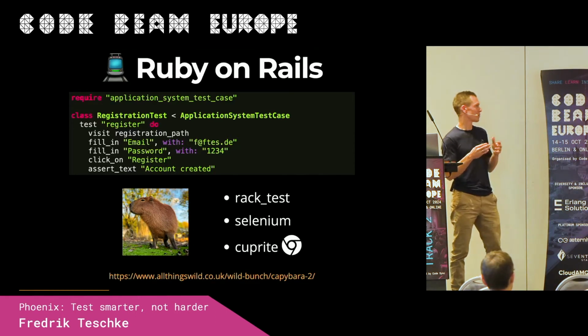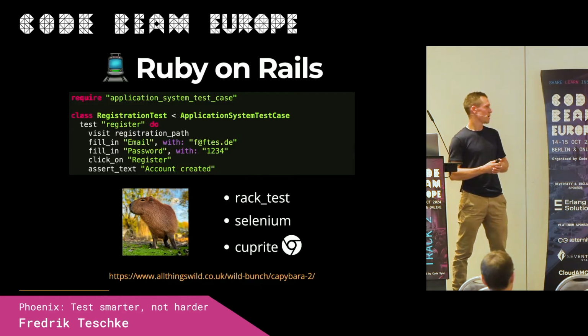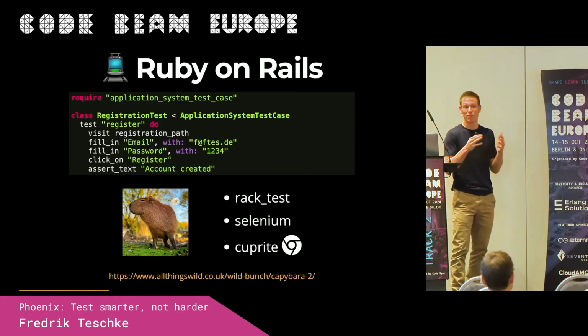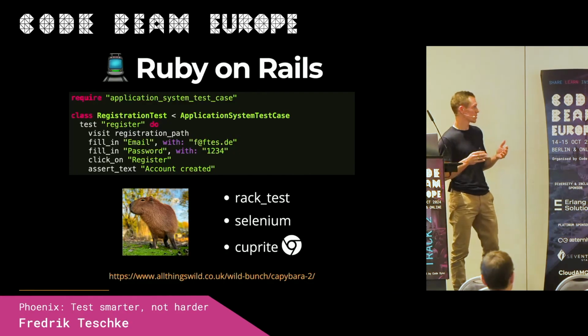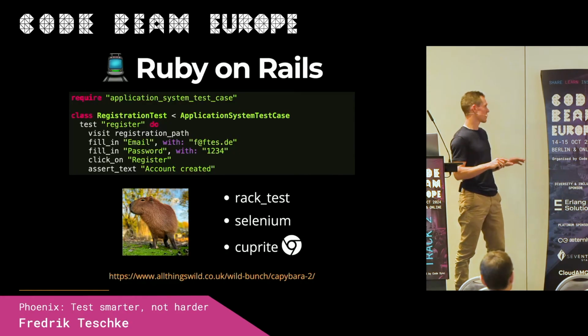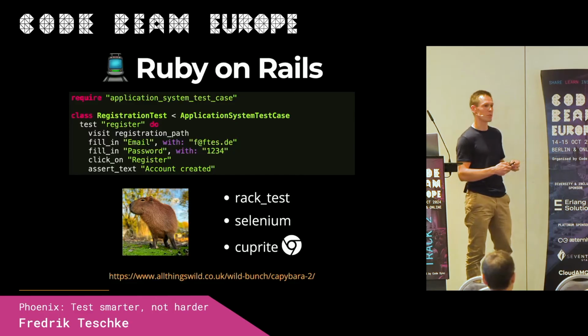So with this, you can test anything that's dead view, controller-based, okay? But as soon as you have to get more fancy and add JavaScript to the mix, or Stimulus, Reflex, these kinds of things in the Rails world, you need to switch to Selenium, comparable to Playwright, or something like Cuprite, also similar, which also uses the Chrome DevTools protocol.